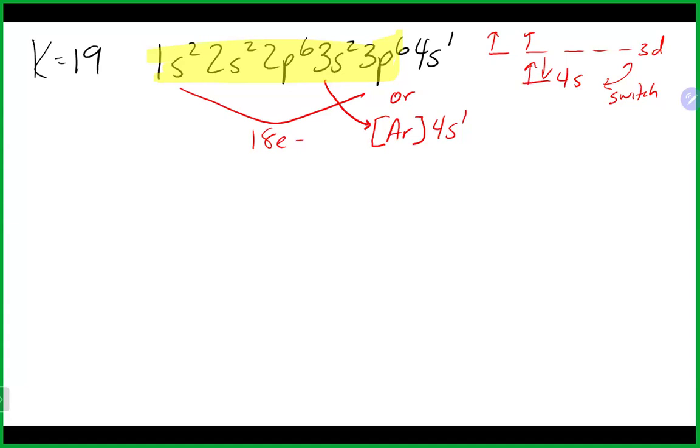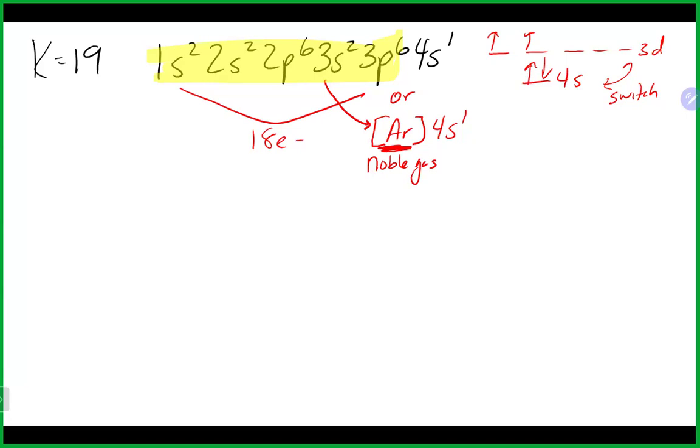So this is a shorthand. Argon is what type of element on the periodic table? It's group 8, which means it's a noble gas. Yeah. And that is what needs to go into the bracket. This sort of shorthand is sometimes referred to as noble gas configuration. It has to be the noble gas, group 8, that comes right before the element you're doing it for.